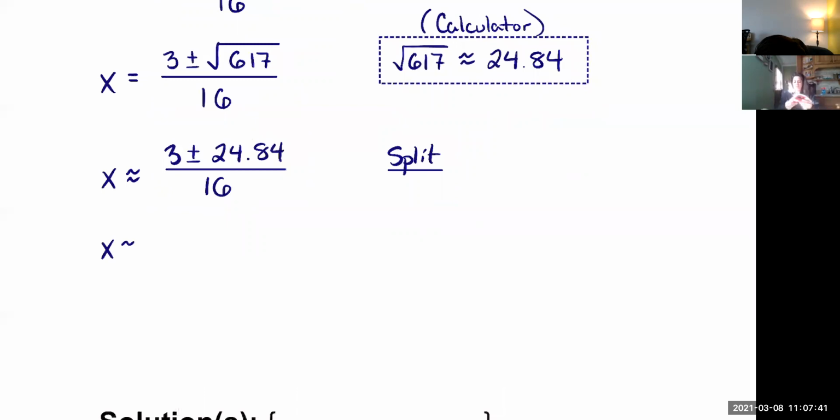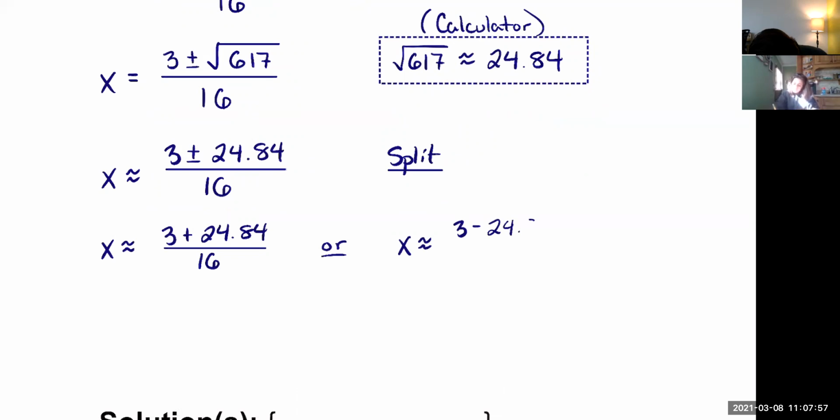So X is approximately 3 plus 24.84 over 16, or X is approximately 3 minus 24.84 divided by 16.